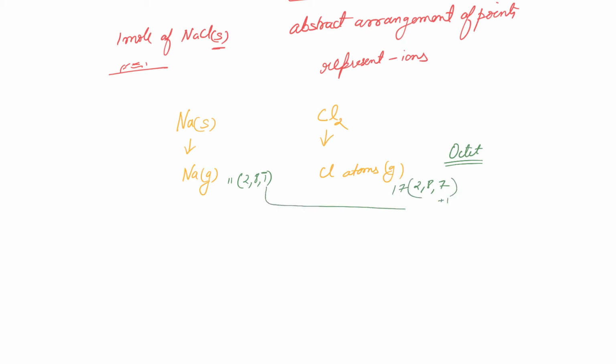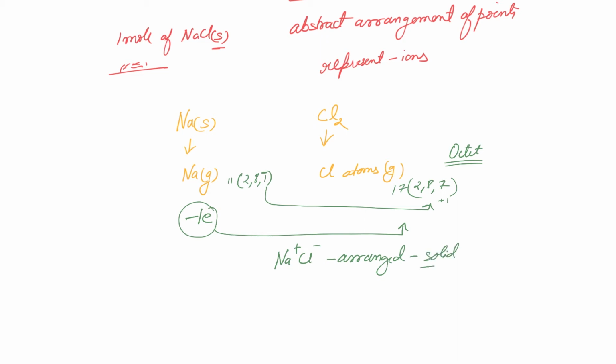So these gaseous atoms want to interact. Na loses 1 electron and this electron is gained by chlorine, and then we have Na plus and Cl minus ions arranged as a solid, and this is exactly what a lattice is.